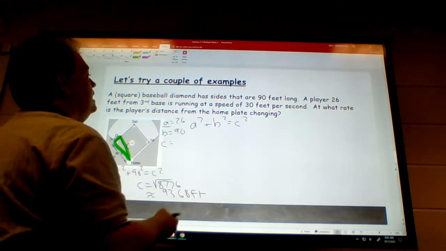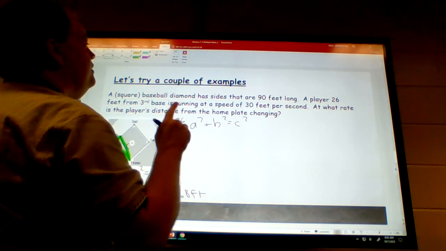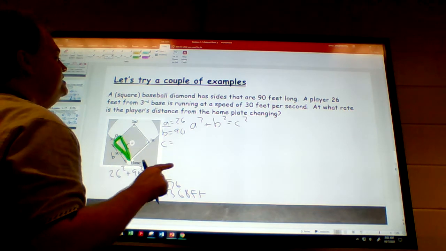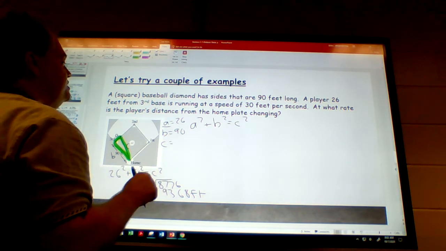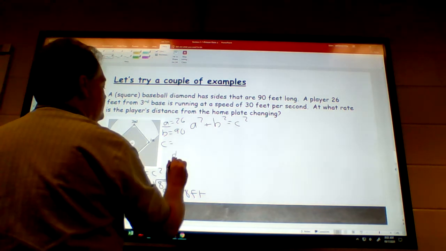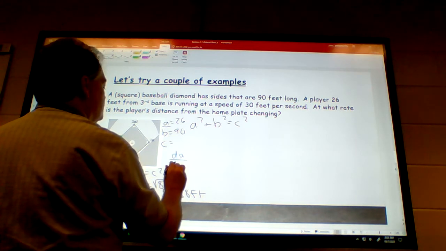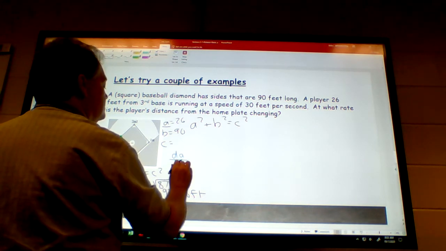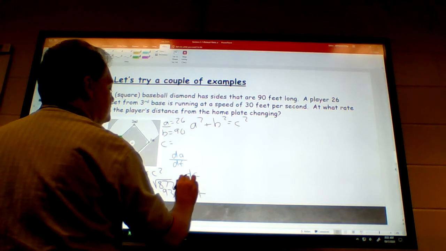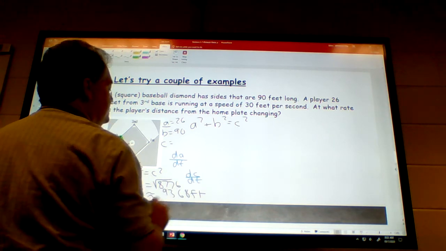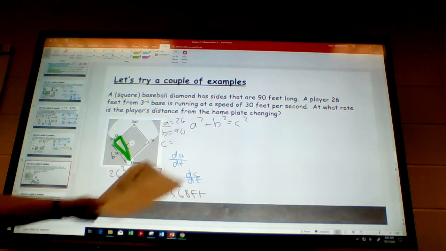Now we're looking for the rate at which the player's distance from home is changing. So we're looking for dc over dt. Let's derive this real quick.